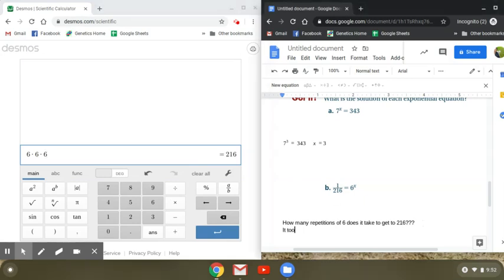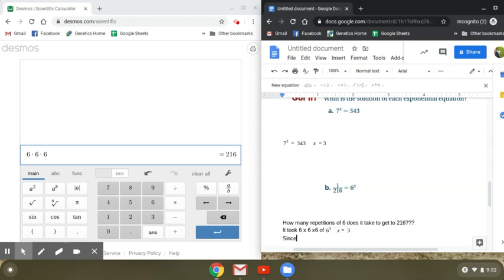It took 6 times 6 times 6, or 6 to the power of 3, then x equals 3 again, right? It doesn't always equal 3, obviously, but it took 3 to get there.